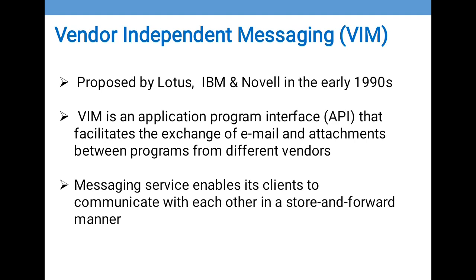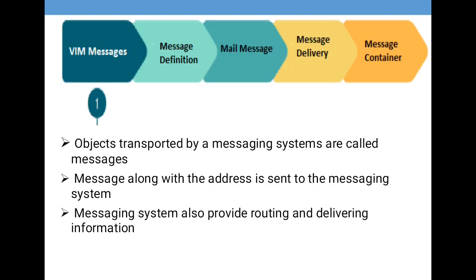It provides a messaging service that enables its clients to communicate with each other in the form of store and forward. The VIM includes five facilities: VIM message, message definition, mail message, mail delivery, and message container format.